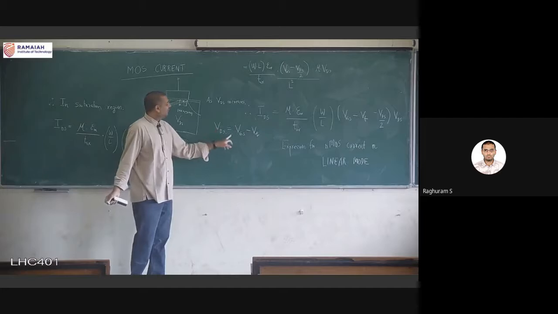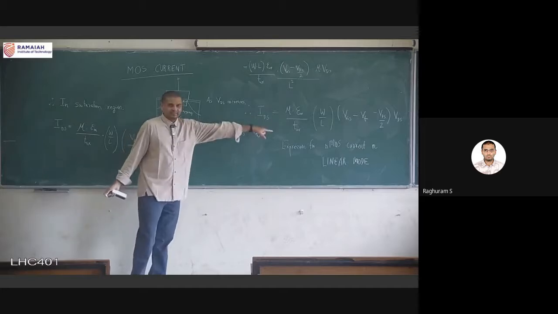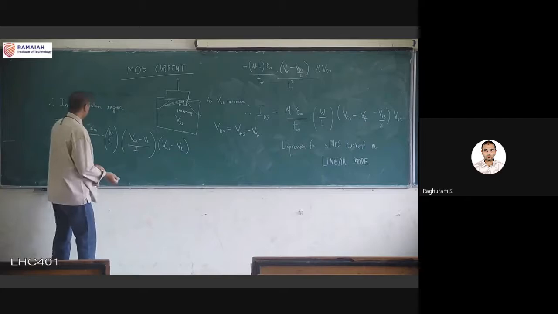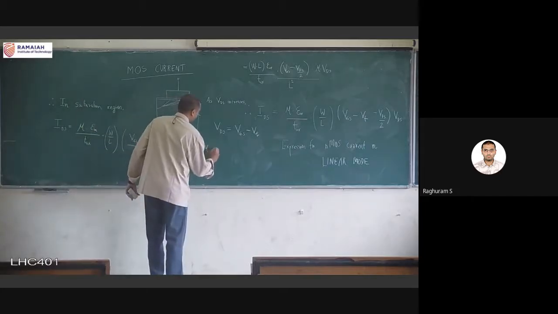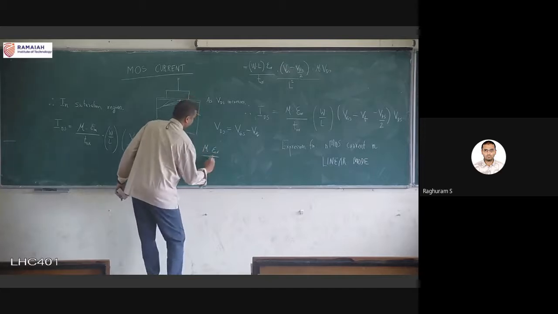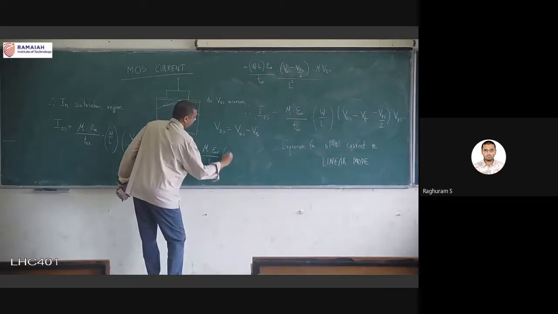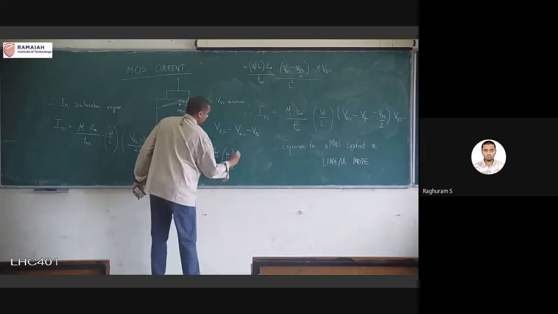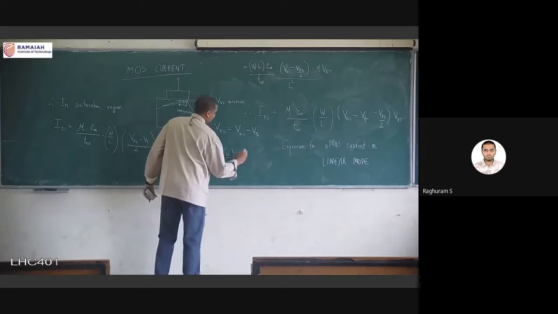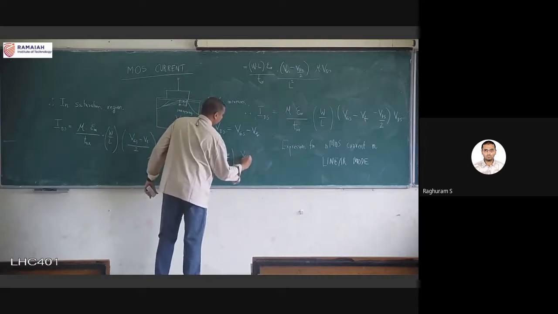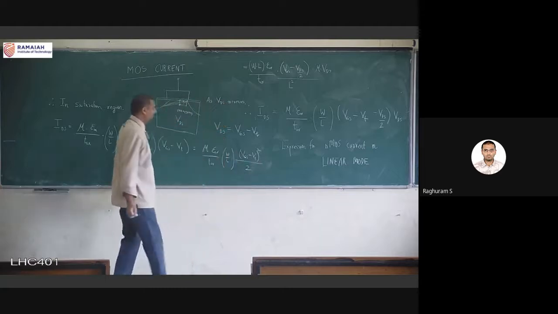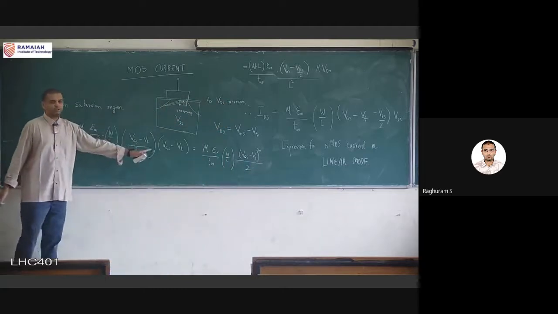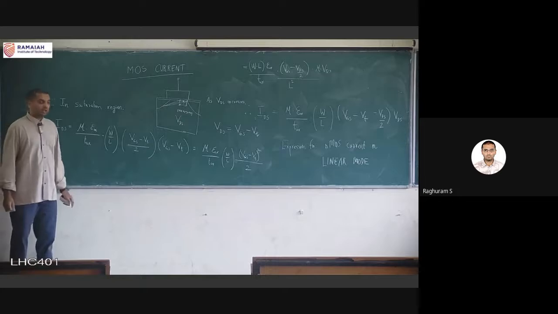We just fix it to VGS minus VT in this expression, and you will get the final expression for current, which is mu into W by L into VGS minus VT the whole squared by 2. So this is the final expression for current in the saturation region.